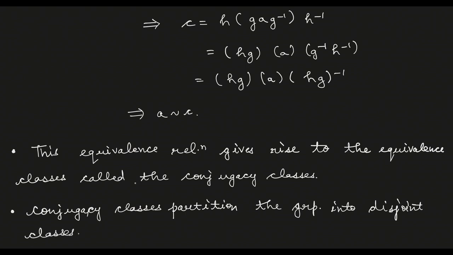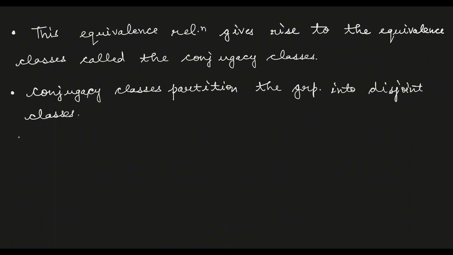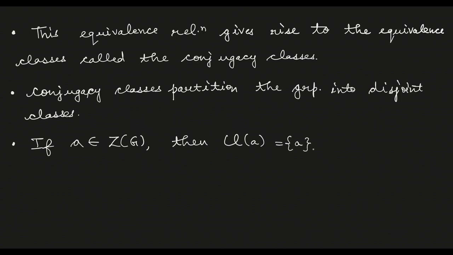By this equivalence relation we will get equivalence classes, and these are known as conjugacy classes, and conjugacy classes will partition the group into disjoint classes. If A belongs to the center of G, then the class of A will be the singleton A only.